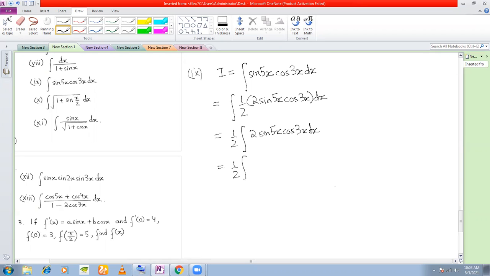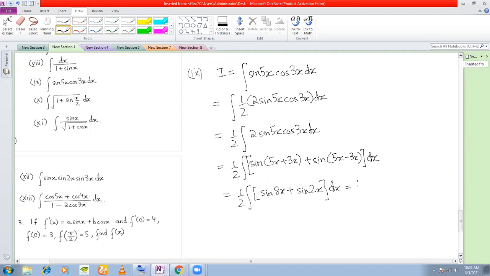Half integral. Now you use your 2 sine A cos B formula, which is sine A plus B plus sine A minus B. Which is equal to half integral sine 8x plus sine 2x dx.